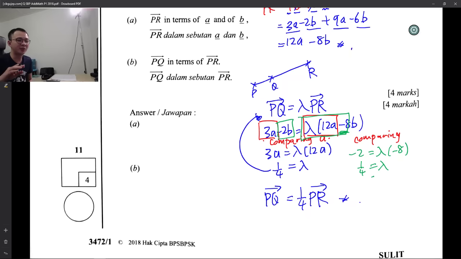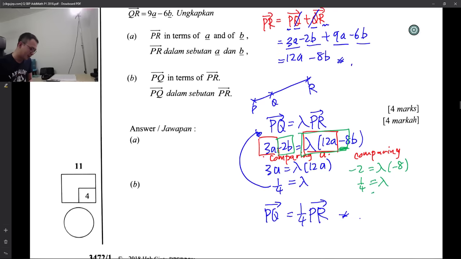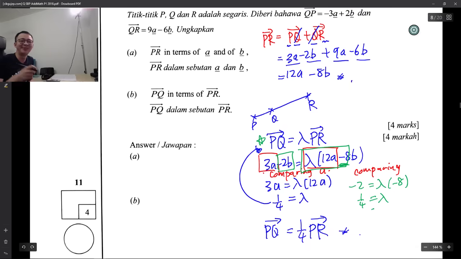So why do we need to put the lambda symbol? If you do not know why you need to put the lambda, you really need to revise a bit on vector. Lambda over here is just represented by the ratio. So that means if PQ ratio is 1 and QR is 3, let's say for example, then I can say PQ is 1 over 3 of QR. So this is the value of so-called lambda, or sometimes they use mu, m or mu.